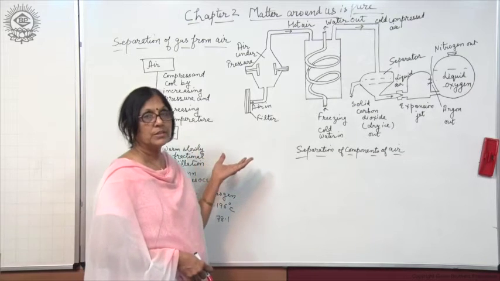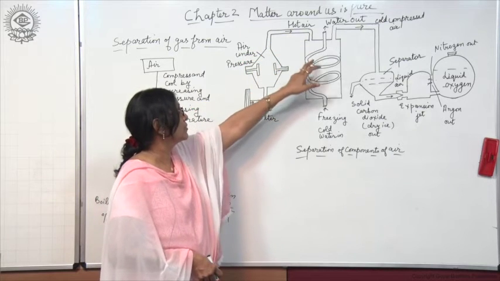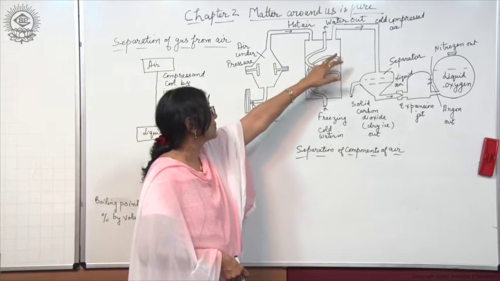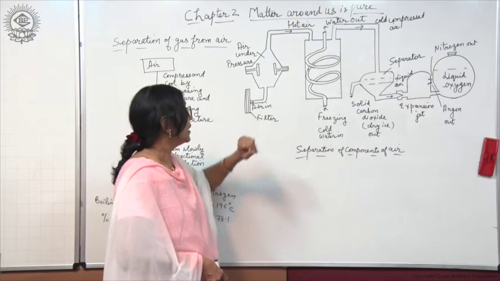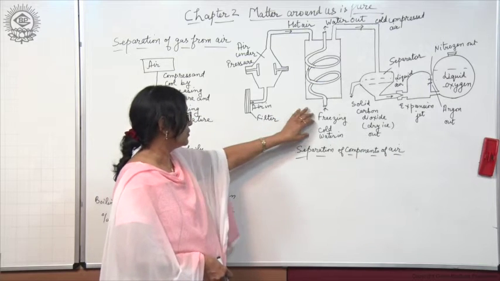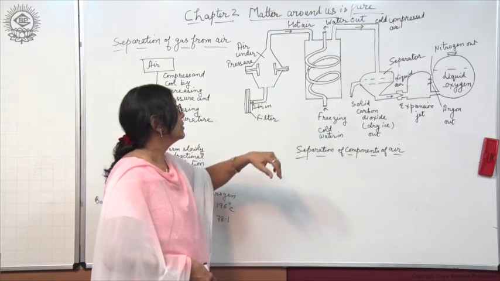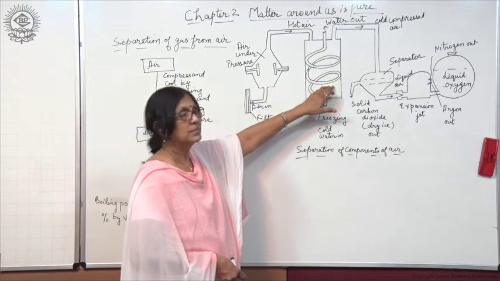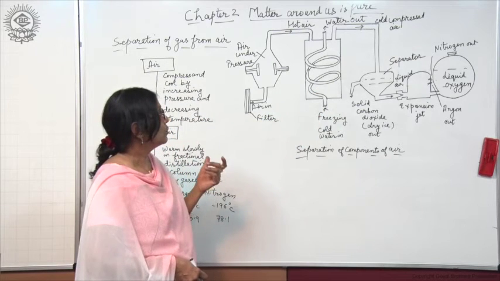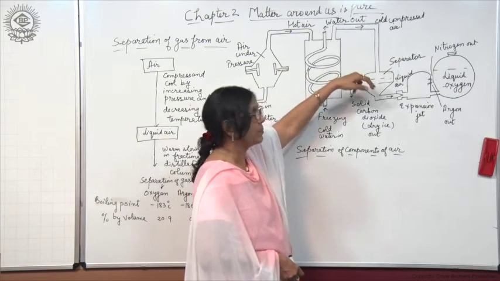Now the compressed air becomes hot, and this hot compressed air is then passed through this compartment where it is cooled down by this freezing cold water. Water is continuously being circulated to cool the air, and now the cooled, compressed air is passed through this separator.